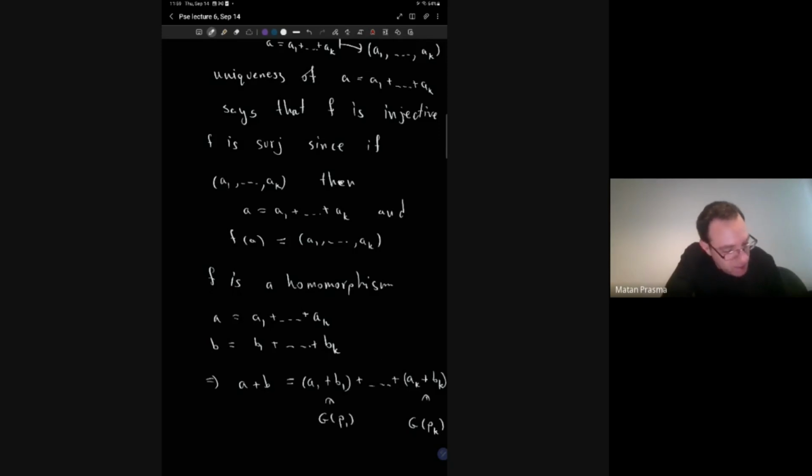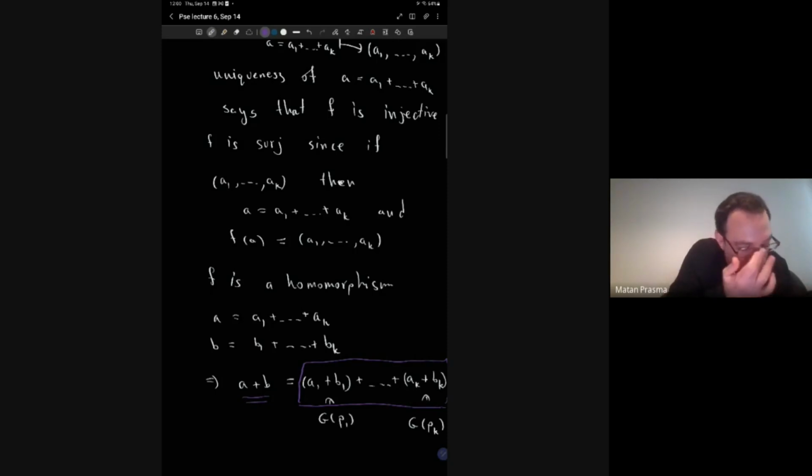So this means that the purple sum here is a decomposition of A plus B into a sum of elements in the primary groups. And we know that this decomposition is unique, so that's fine.